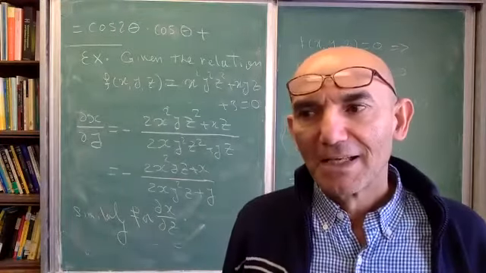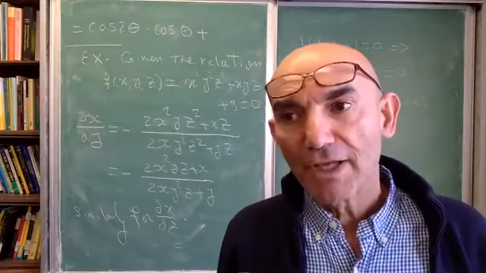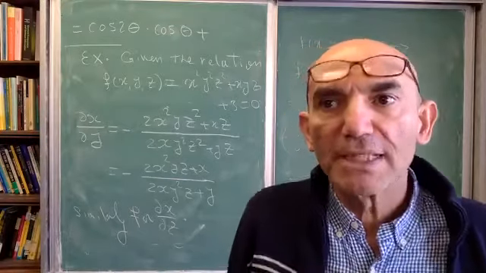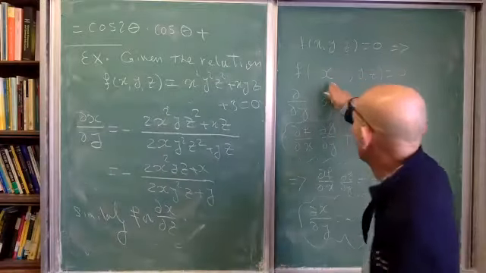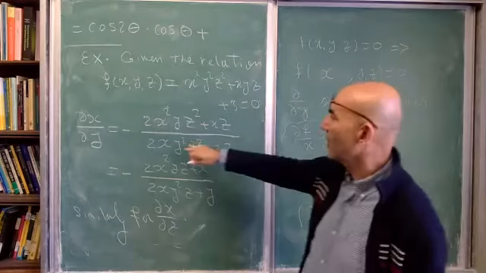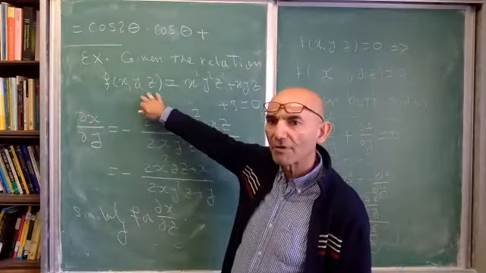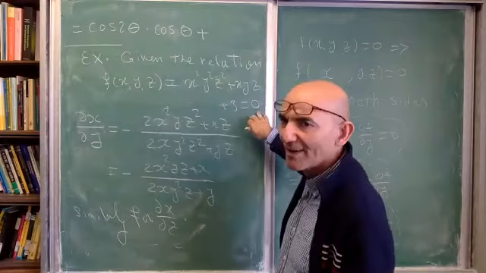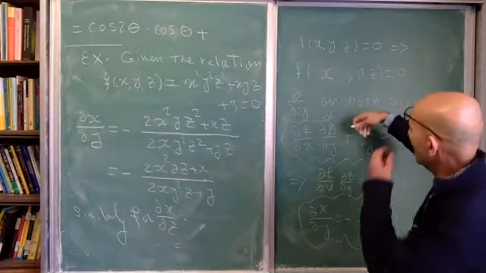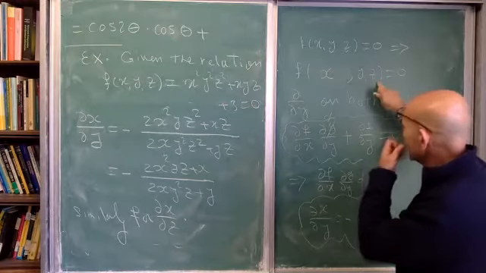But if you are aware of the fact that x is a function of y and z, you can just write this and then you don't have to do anything. This is your original equation, right? F of x, y, z equal to 0. I haven't done anything. I just differentiated both sides with respect to y, and with respect to z.